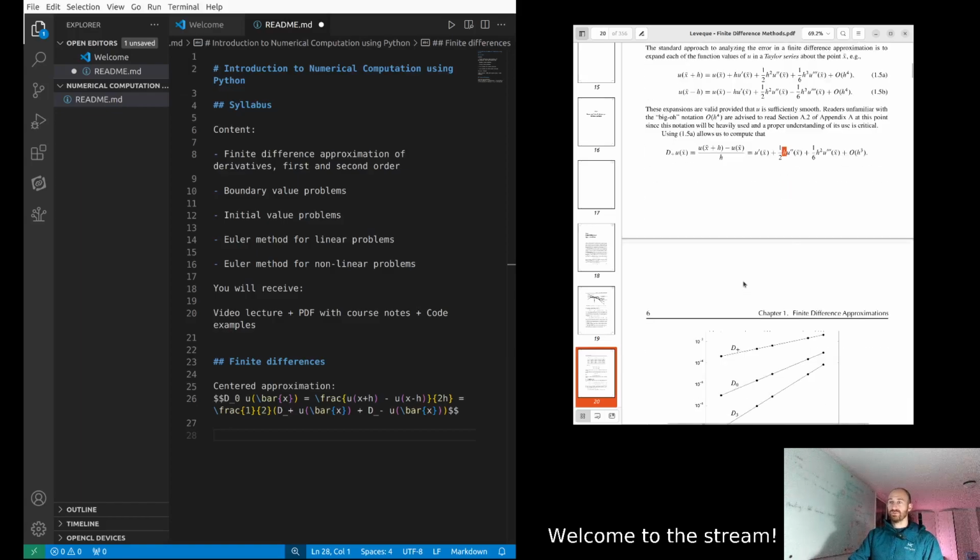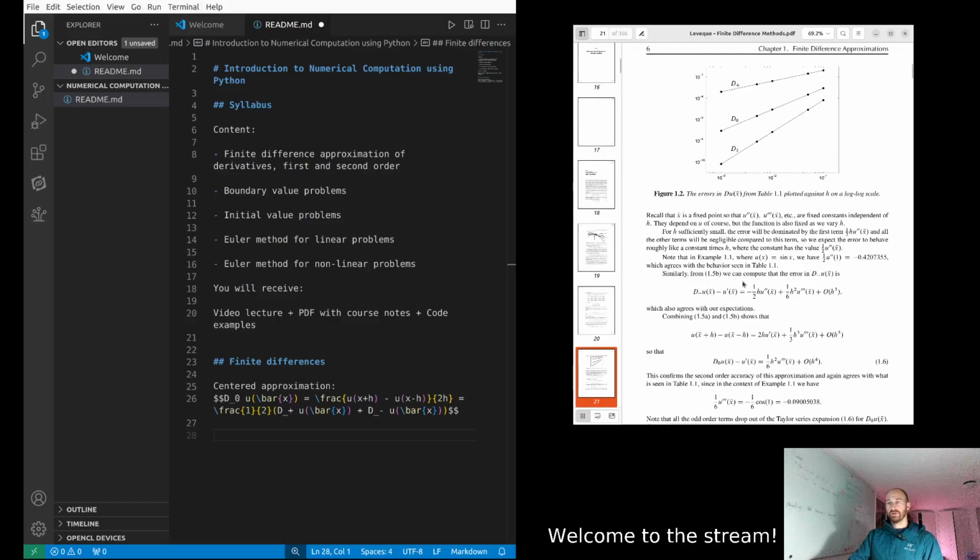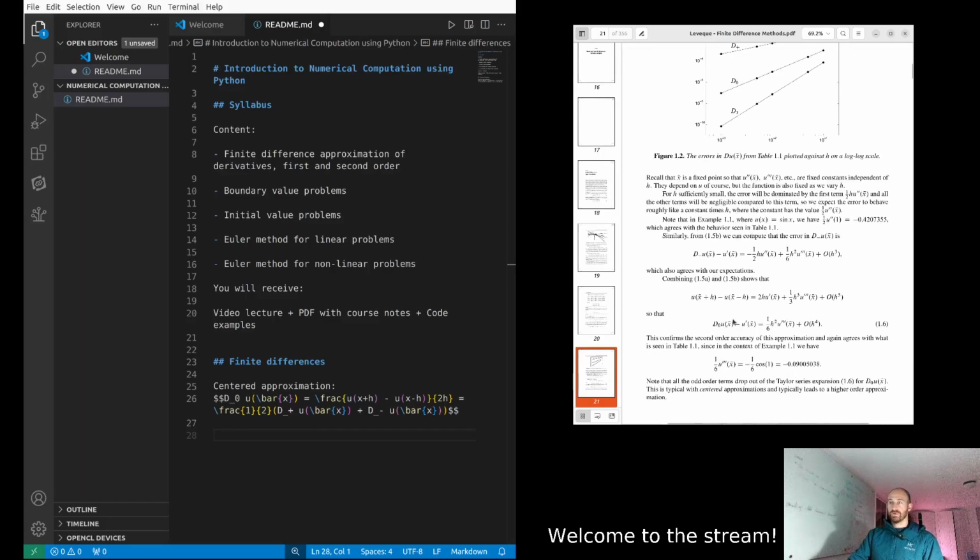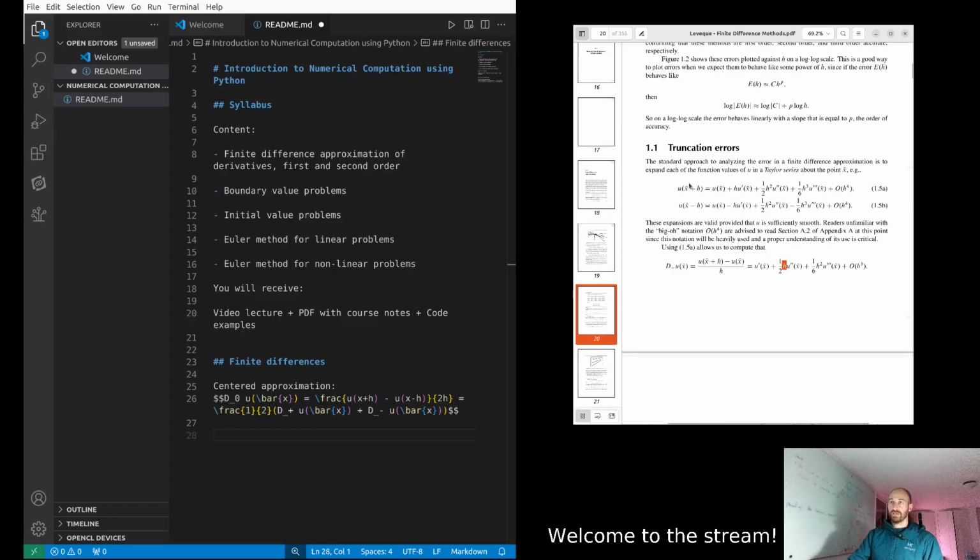Now, if you do the center approximation, which was u of x plus h minus u of x minus h, you're taking this equation and subtracting this equation here. And so these two terms cancel, these two terms add to each other. So you get 2h u prime. If you divide by 2h, you get u prime.